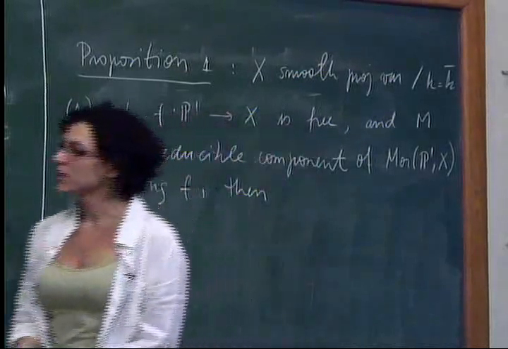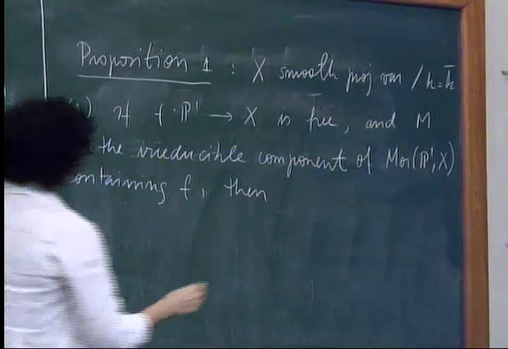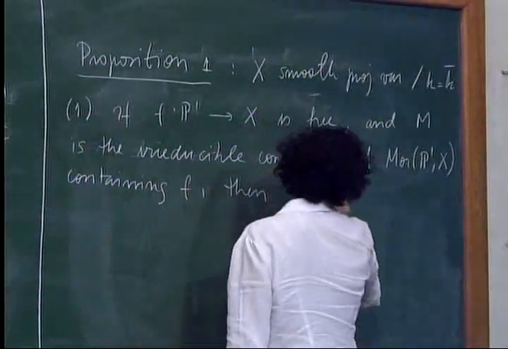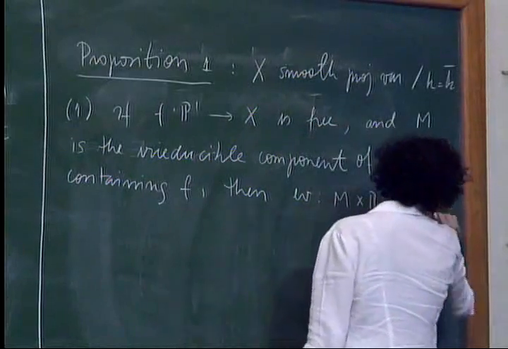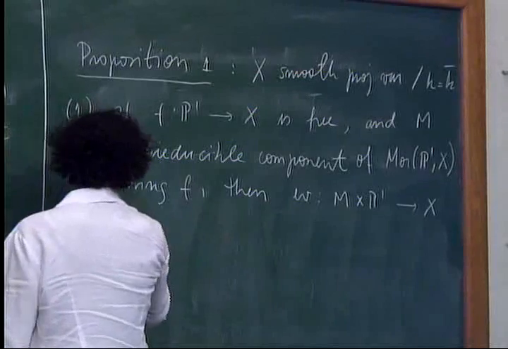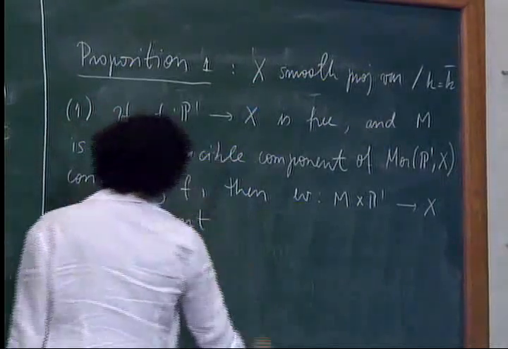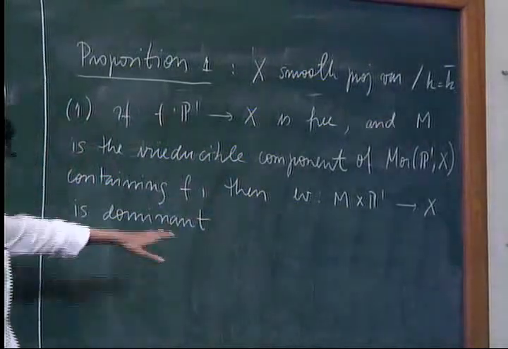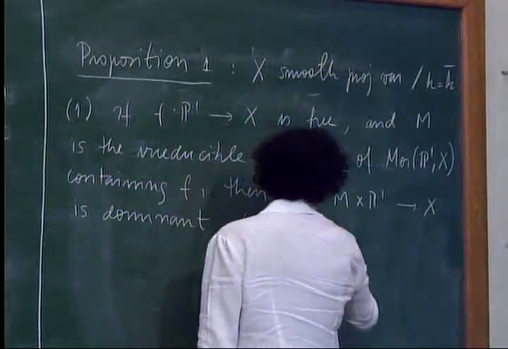Then the corresponding universal morphism F from M cross P^1 to X is dominant. And this is precisely saying that X is uniruled.